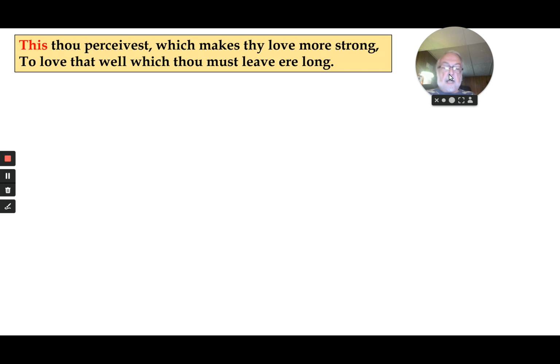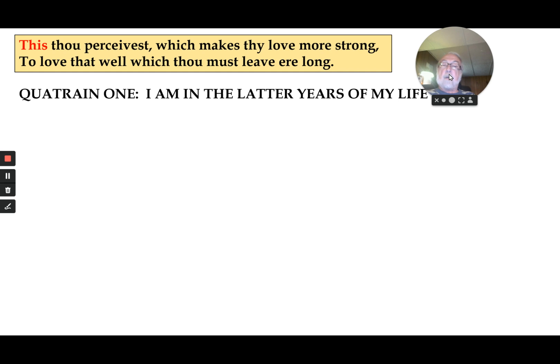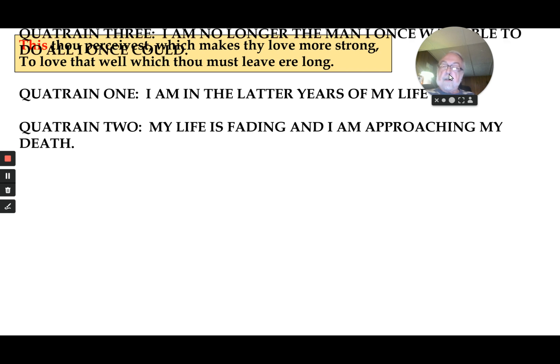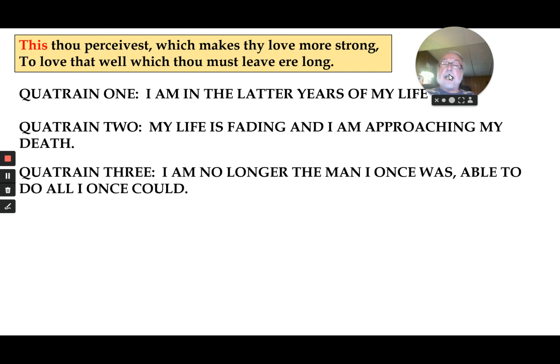You look quatrain by quatrain, and the first one is basically saying, I am in the later years of my life. Quatrain 2, my life is fading, and I'm approaching my death. Quatrain 3, again, as you can see, I am no longer the man I once was, able to do all that I once could.